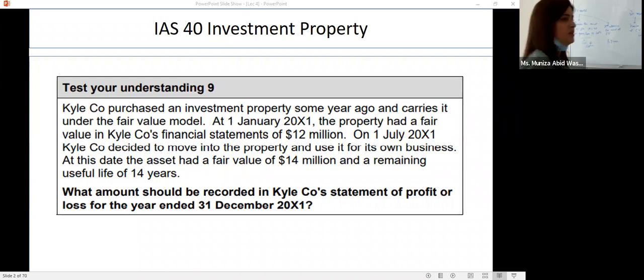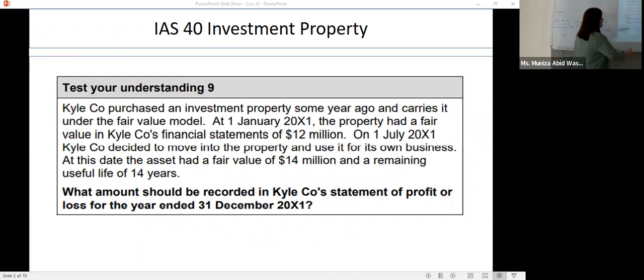So how much depreciation we are going to take? The remaining useful life is 14 years, and the current fair value is 14 million. So how much depreciation would be there? 14 million divided by 14 years. 1 million per year depreciation charge would be there.